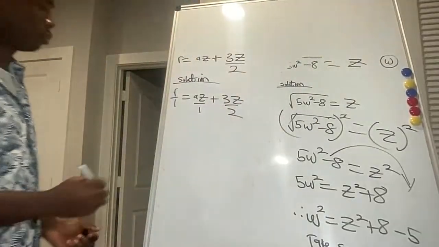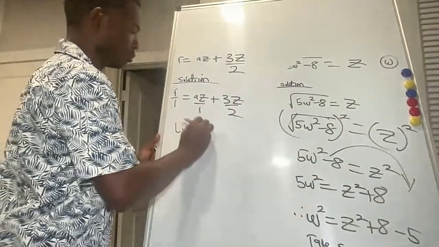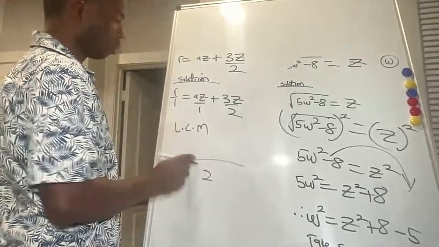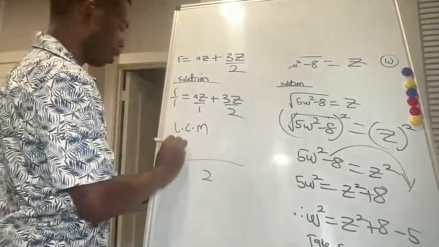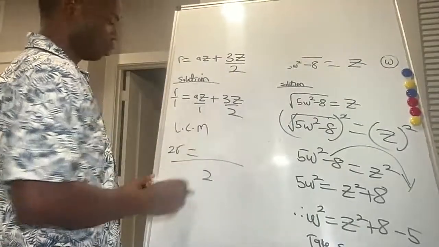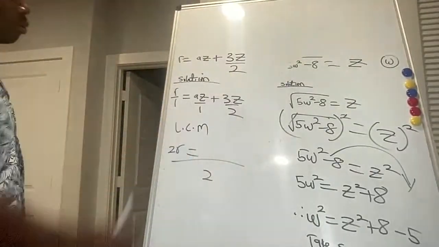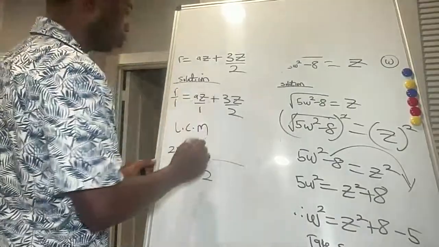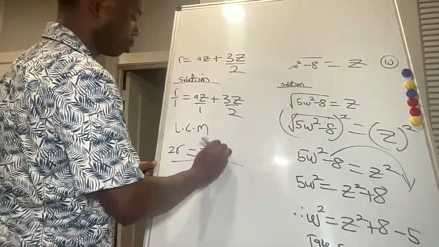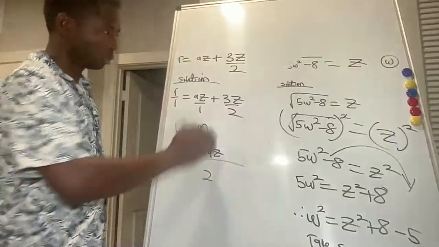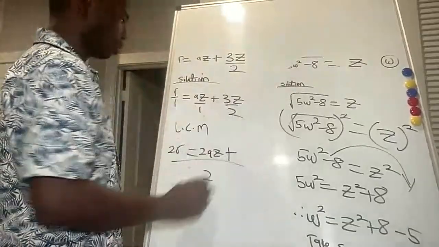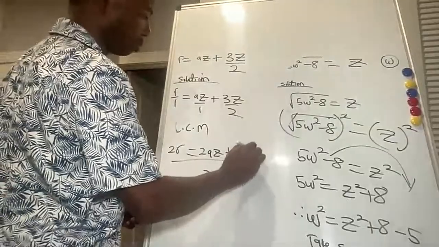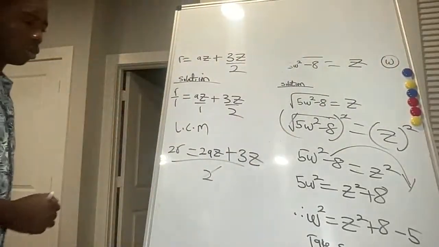The LCM is 2. 2 divided by 1 gives you 2, 2 times r is 2r, equal to 2 divided by 1 gives you 2, 2 times az is 2az, plus, bring your sign, 2 divided by 2 is 1, 1 times 3z is 3z. You are done with this.